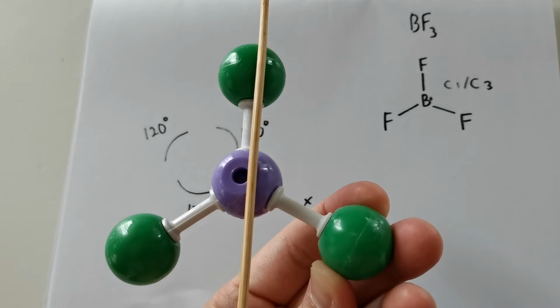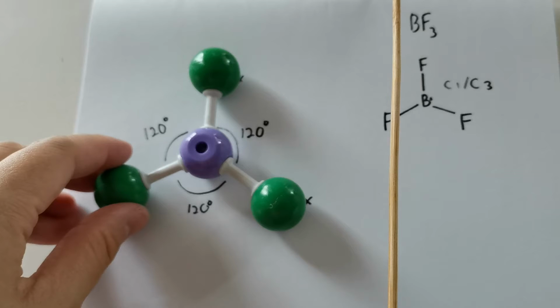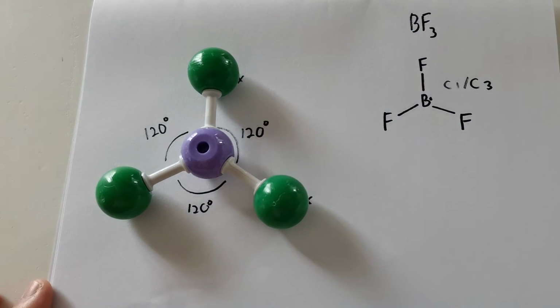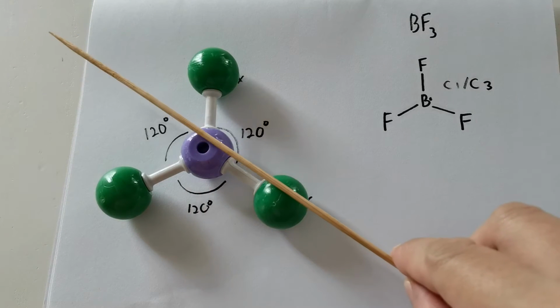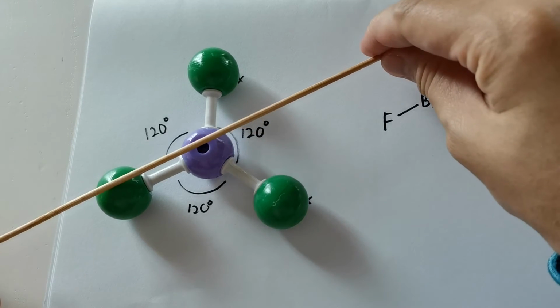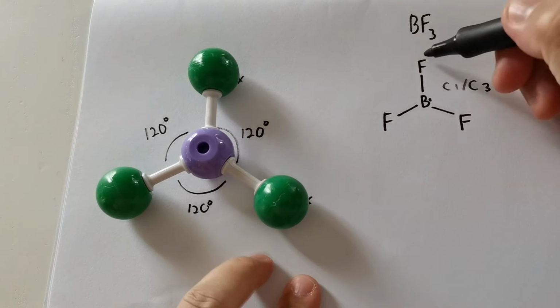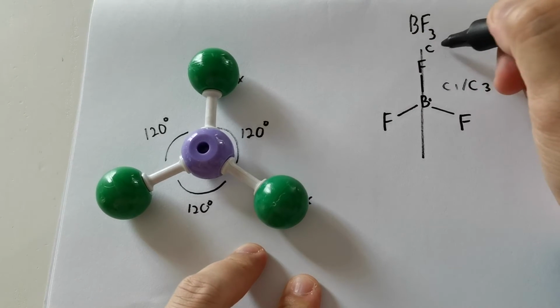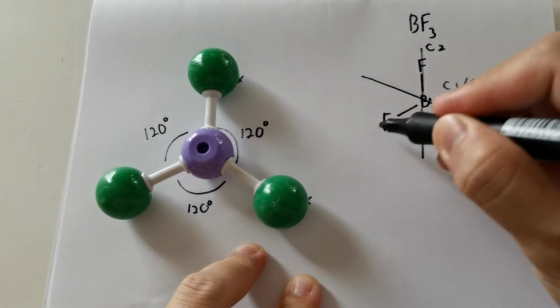We get the same configuration before and after. Because this molecule has 3 BF bonds, the C2 axis can be here, here, and here. So there are 3 C2 axes for this molecule. We can label them like this.